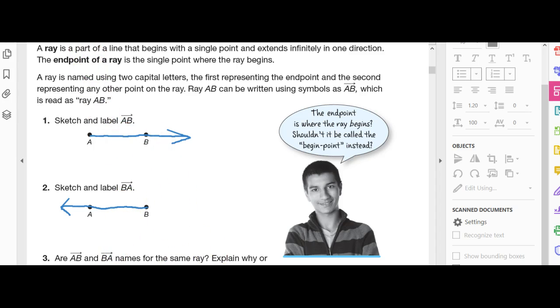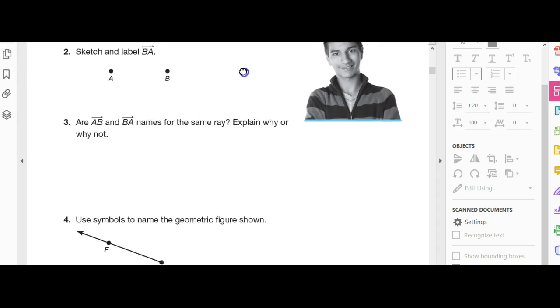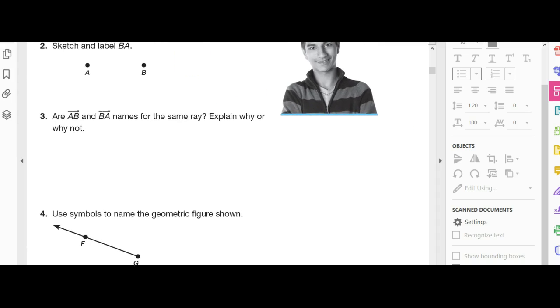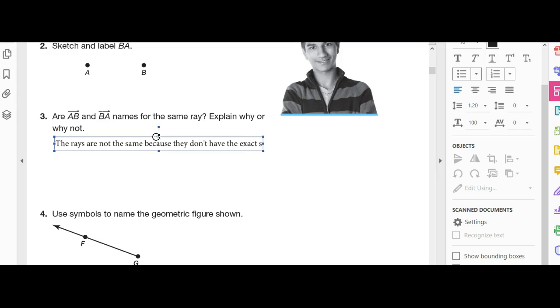You want to explain that? Maybe I'll scroll down here and type in an answer real quick. All right, you can follow along and put your own answer in here. The rays are not the same because they don't have the exact same properties.